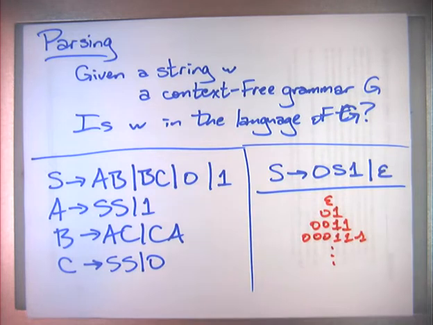And likewise, I can generate the set of strings described by the grammar on the left. But it's going to be a little bit more complicated because I have more than one non-terminal. I really have to build up not one language, but 4 different languages. The language of S, the starting non-terminal, that's the grammar. But also A, B, and C themselves represent languages.